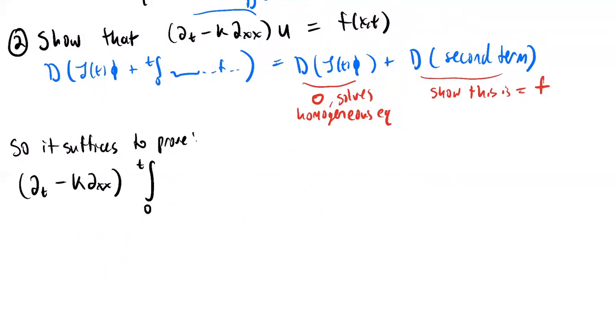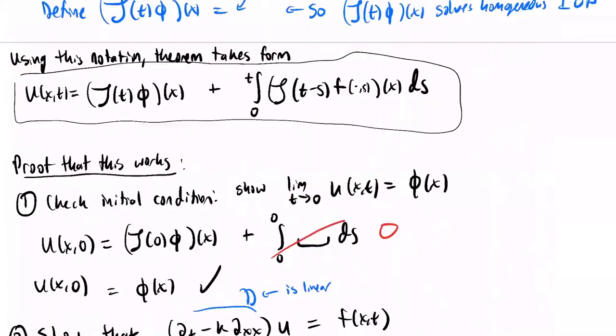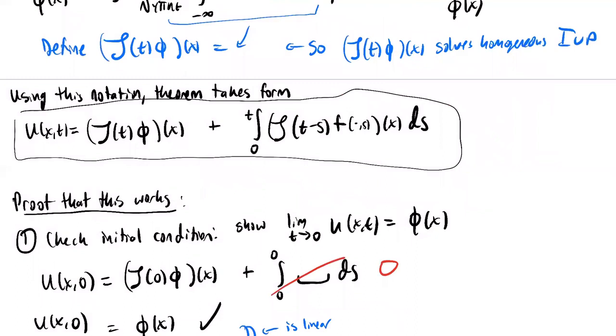So the remaining term is the solution operator at t minus s applied to the function f at x and integrating with respect to s. And I want to show that this derivative operator gives us f of x,t, because on the left-hand side, this is just the diffusion operator, and I'm applying it to the second term.